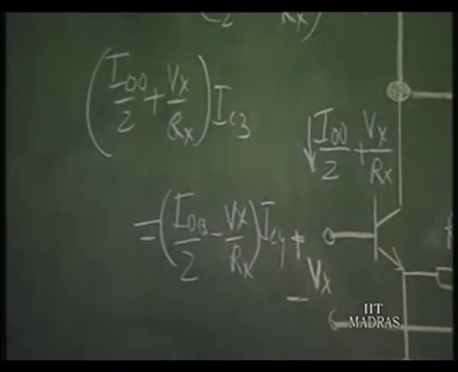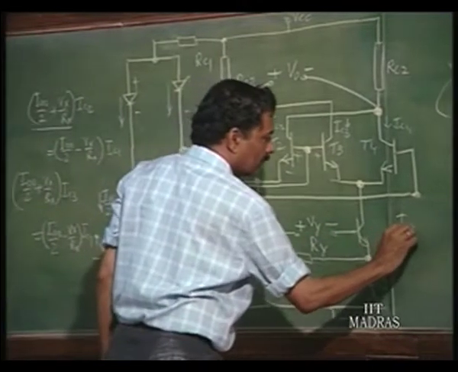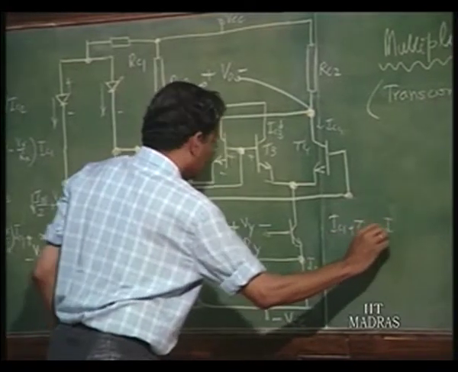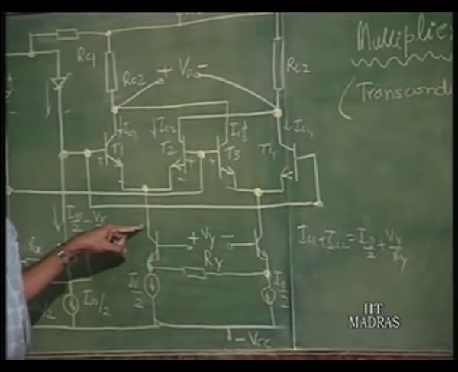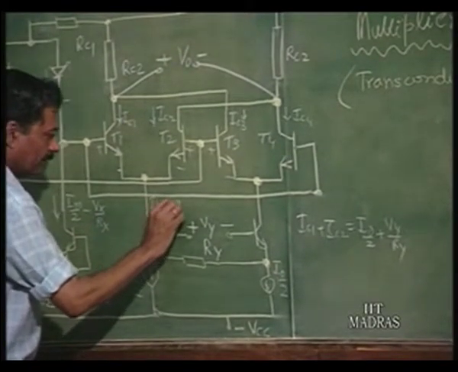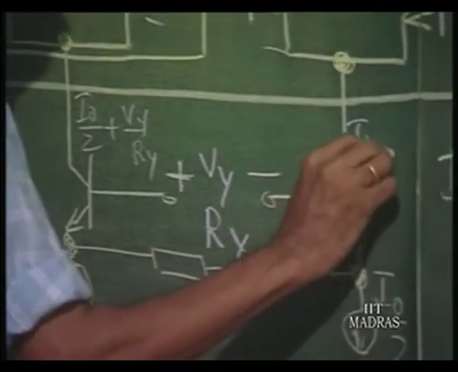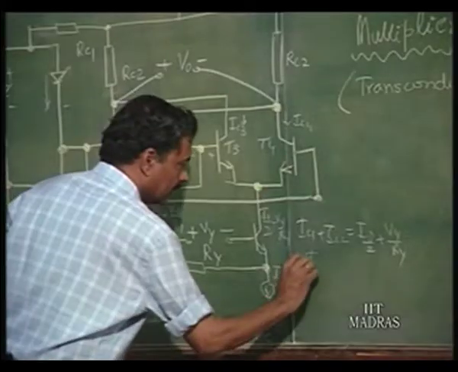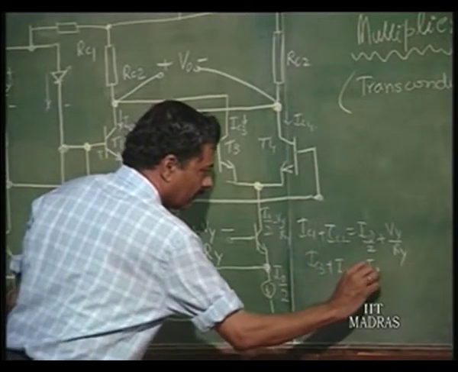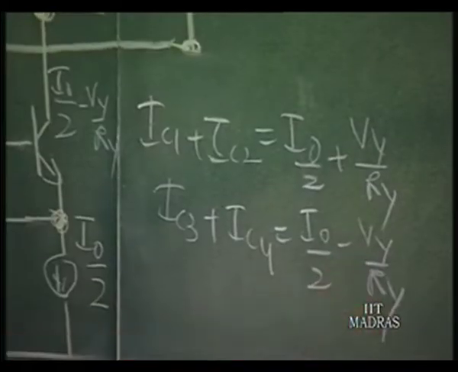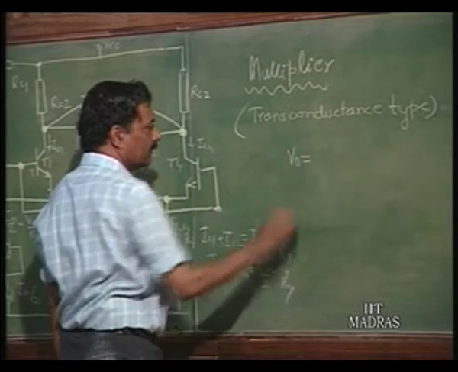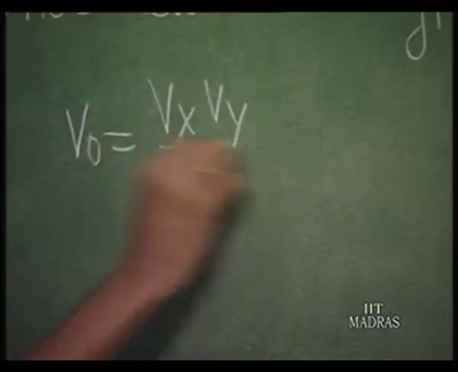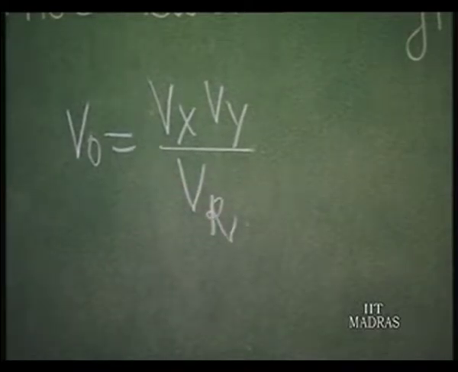Using this relationship and also the fact that IC1 plus IC2 equals I naught by 2 plus Vy by Ry, and IC3 plus IC4 is equal to I naught by 2 minus Vy by Ry, we could establish ultimately that V naught, the differential output voltage taken here, is going to be the product Vx Vy divided by Vr.